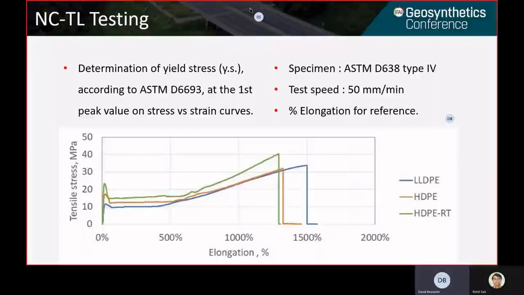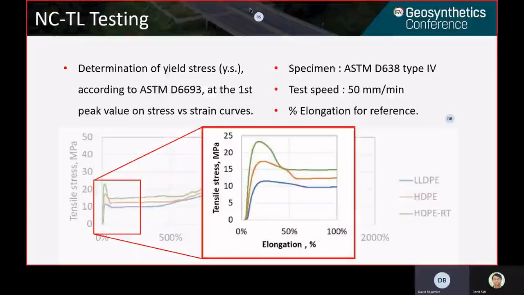First, we will want to measure the yield strength of the material, and we do that by doing a standard tensile test, and we will then look at precisely what the tensile strength of each material is.